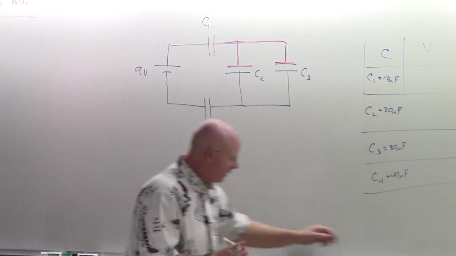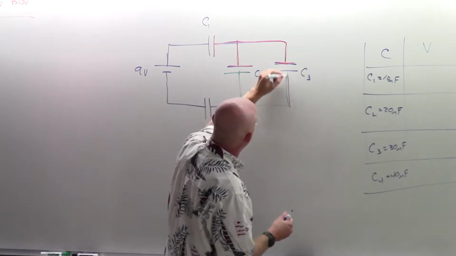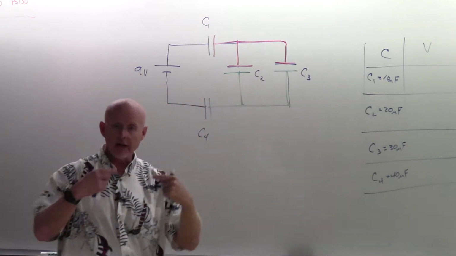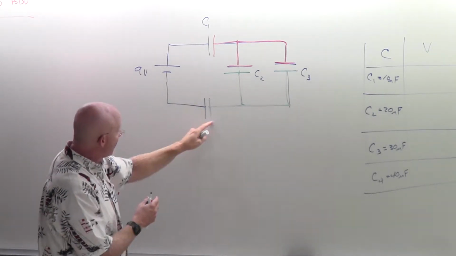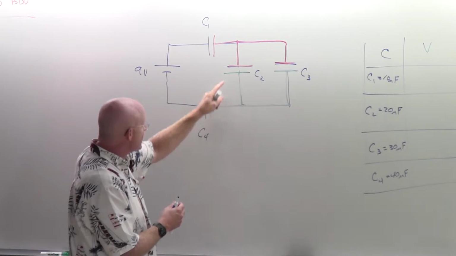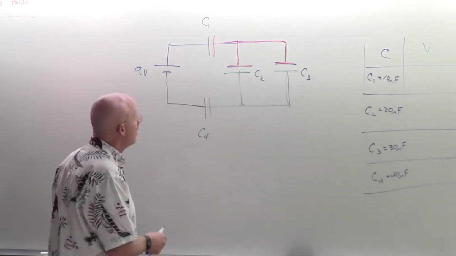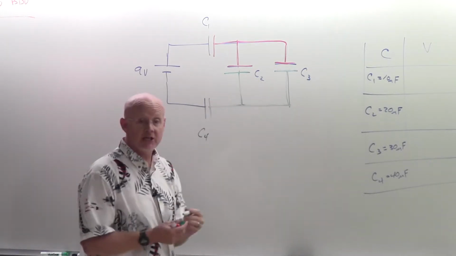If I take another color here in green and I say, all right, if I draw green, green, green, green, green, green, I can see that these two go red to green, right? They have the same voltage across them. I don't have that for C4, so C4 must not be parallel with those two. C1 must not be parallel with those two. And so what I have really as I look at this is just C2 and C3.